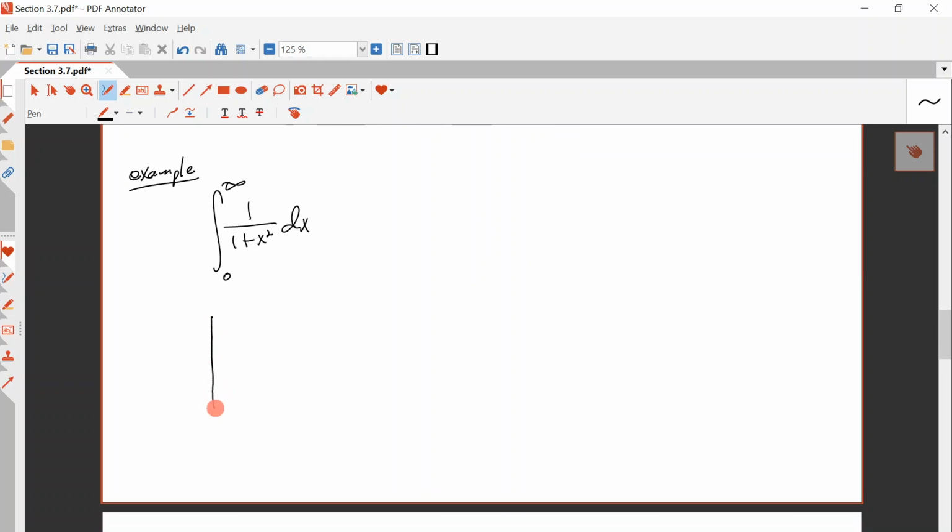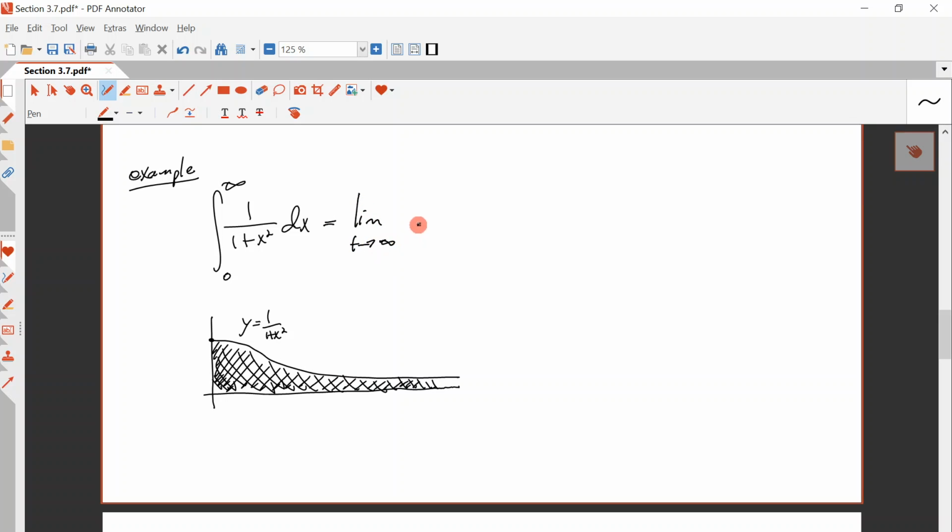So if you were to draw the graph here, the graph of this function looks kind of like that. So we're talking about this area here is what's being calculated. And that area is trailing out to infinity, even though the area is going to turn out to be finite.